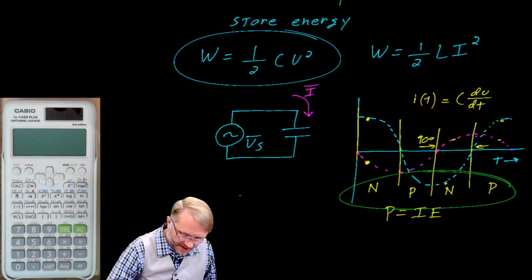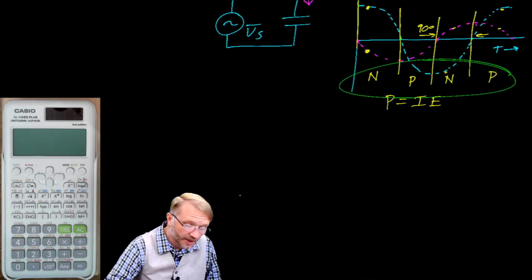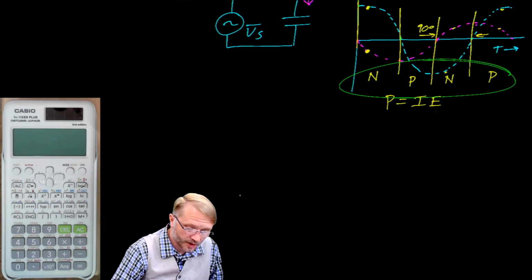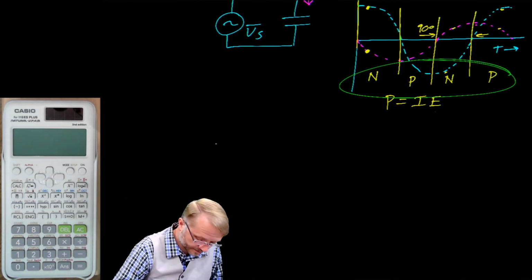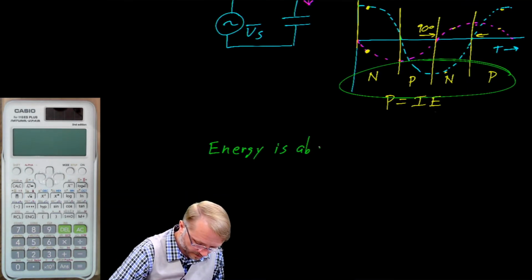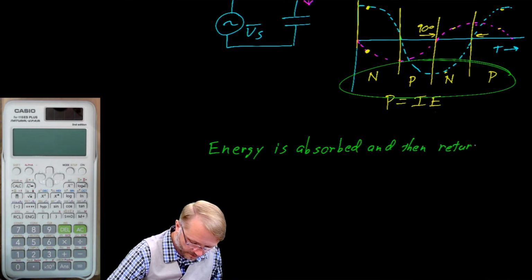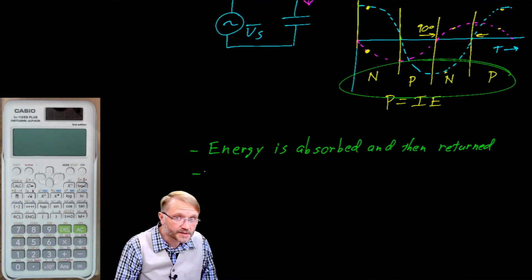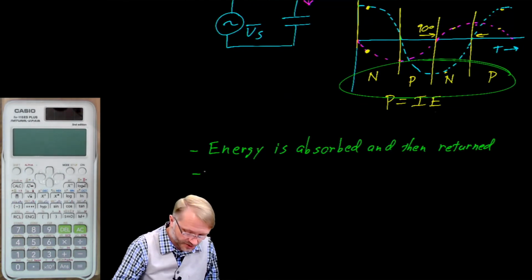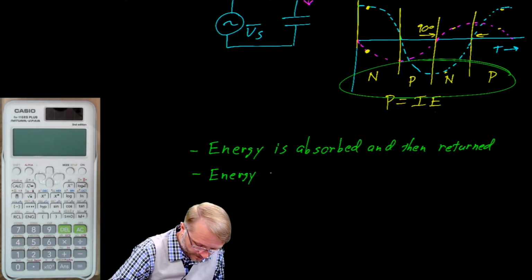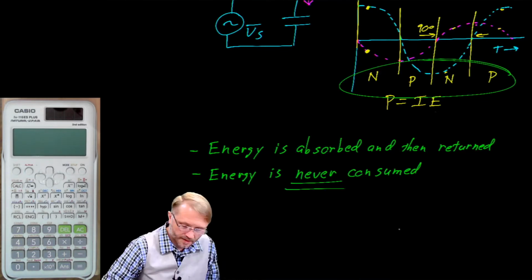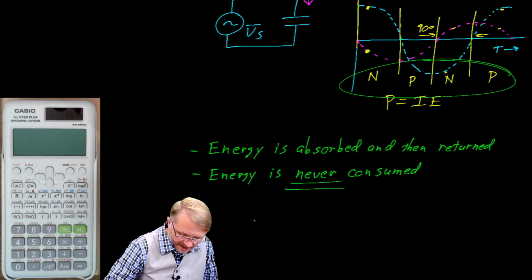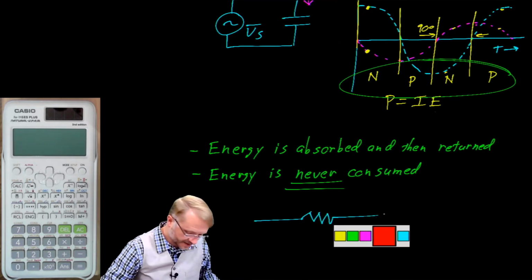If you put all this together, you could make a couple of statements. You could say that the energy is absorbed and then returned. You could also say that the energy is never consumed. If you wanted to state that in a different way, you would say that capacitors are not resistors.